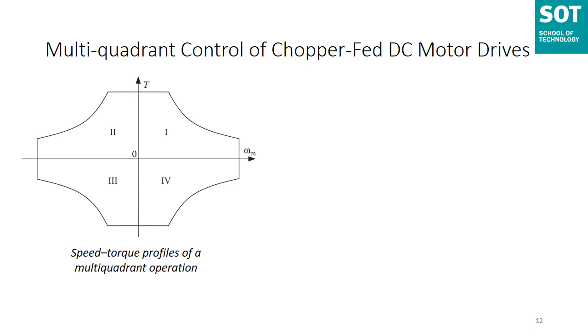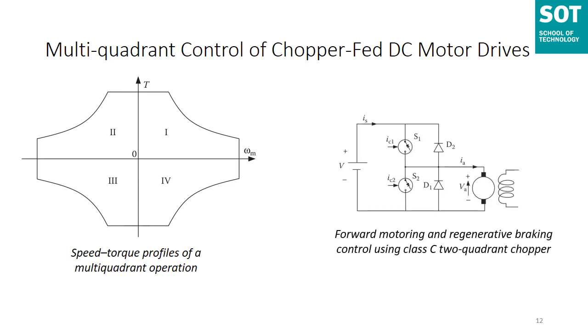In forward braking, you have speed positive, torque as negative because you want to stall the vehicle. However, for vehicles without reverse mechanical gears, 4-quadrant operation is needed. Multi-quadrant operation of a separately excited DC motor is implemented by controlling the voltage, polarity and magnitude through power electronics based chopper.